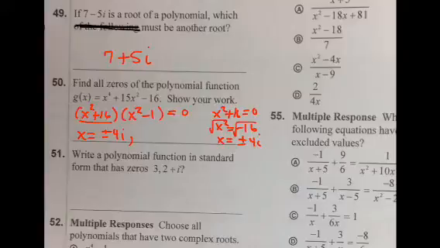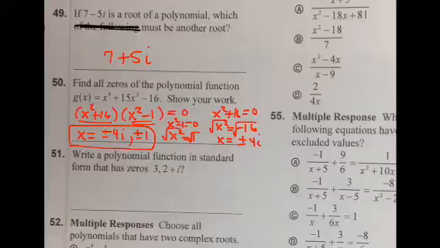And for the second one, this one right here, you set it equal to 0 again, so you get x squared minus 1 is 0. X squared equals 1, you take the square root and you get plus or minus 1. Right there.